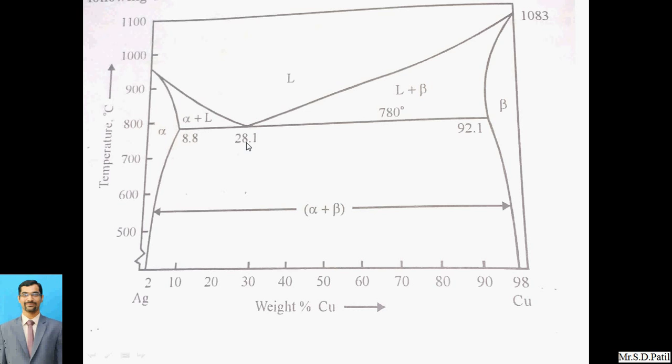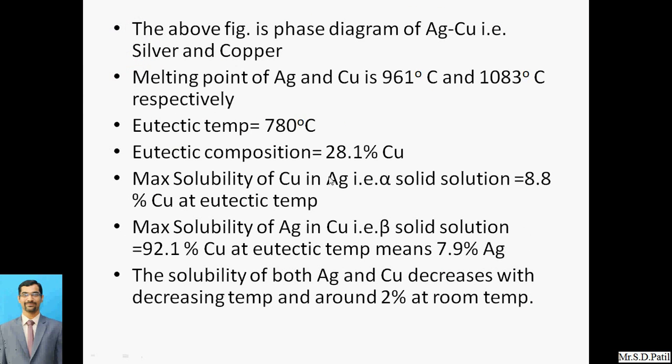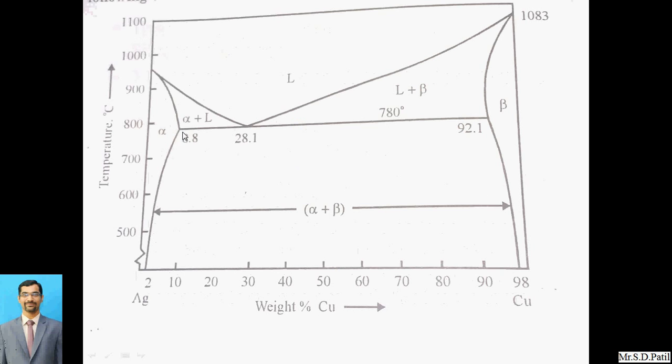Eutectic composition, that is 28.1% copper means 71.9% silver. Now the maximum solubility of Cu in Ag, that is the alpha solid solution. So this will be the maximum solubility of copper in silver. So how much? That is 8.8%.